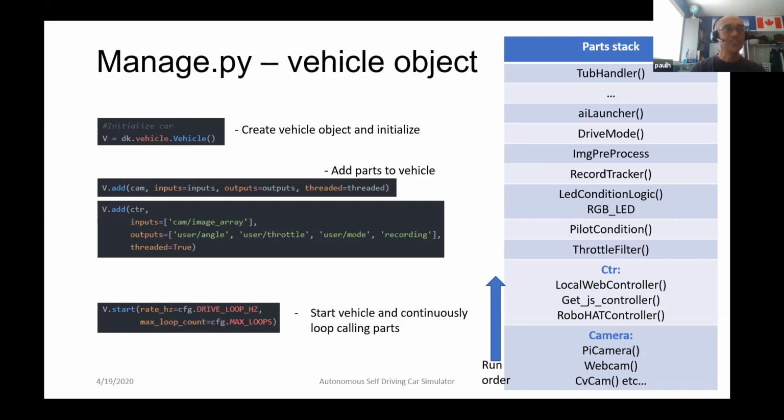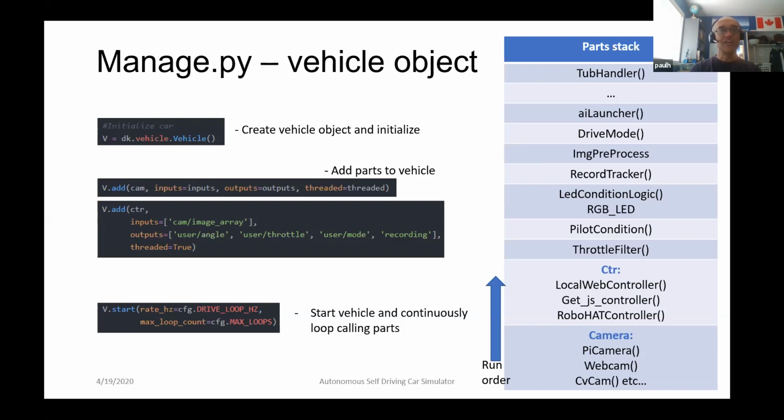There's a bunch of checks in the code depending on what's in your myconfig.py script, and it will trigger whether to add these parts or not, and the types of parts added. So if it's a web browser, then this controller is a web browser part. If it's a joystick, then this controller is a joystick part. And that's what I tried to highlight here.